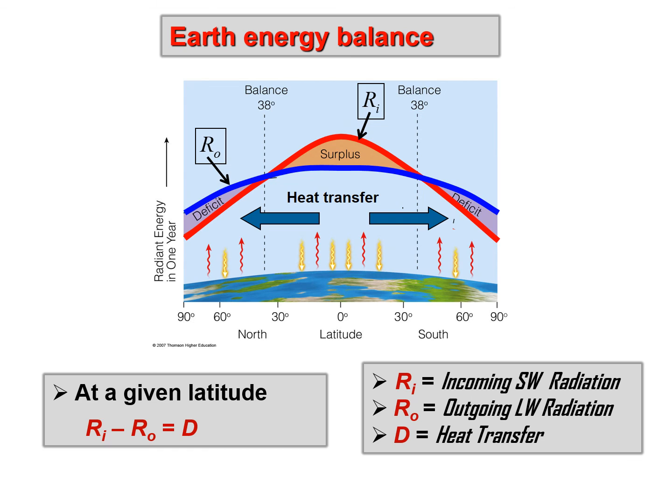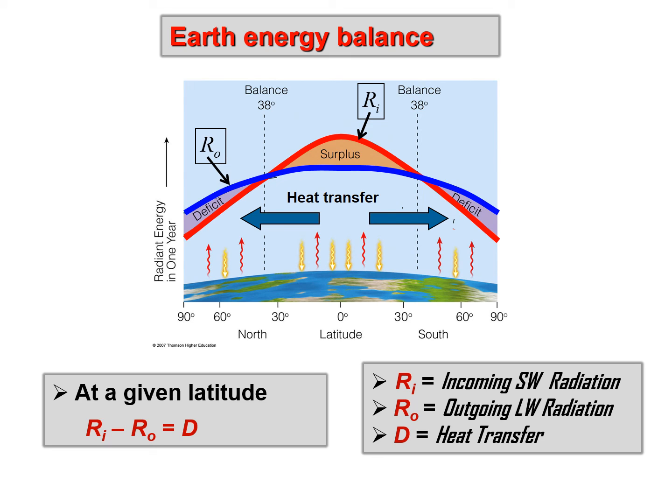You see the red curve is incoming solar radiation, and the blue curve is outgoing radiation.